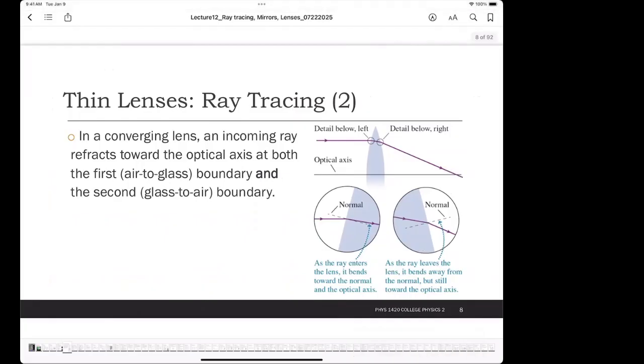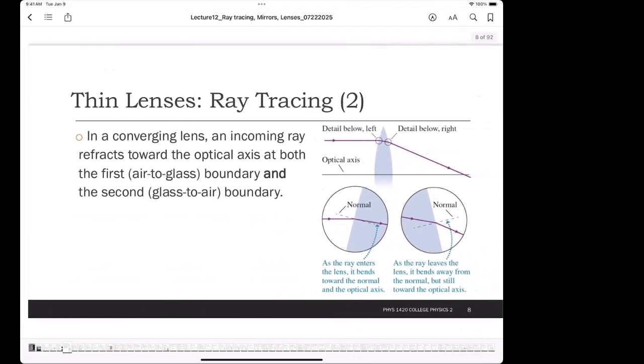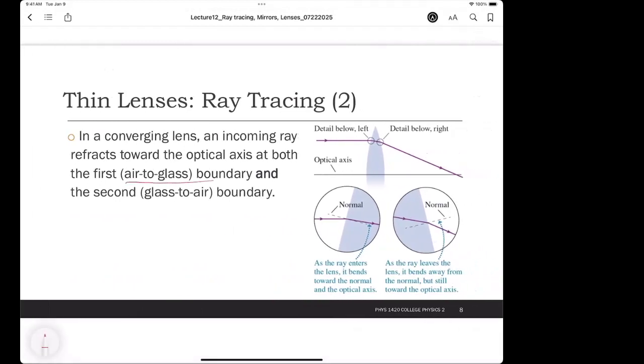In a convergent lens, an incoming ray refracts towards the optical axis at both the first air-to-glass boundary and the second glass-to-air boundary. You can see here, actually there are two boundaries. This is one boundary, this is the other boundary.